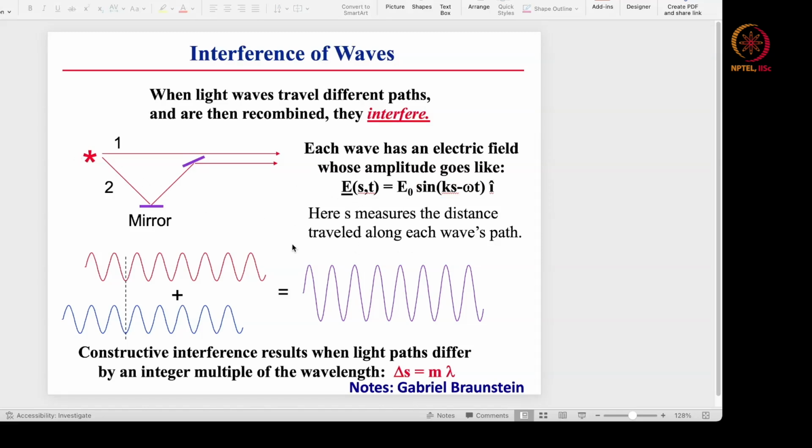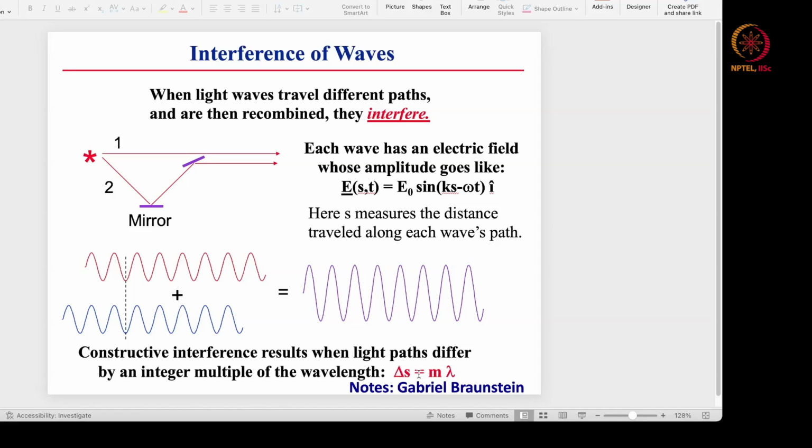When these two waves recombine with each other, if the light paths differ by an integer multiple of the wavelength, that is, this delta S, the additional path that one wave travels more than the other, so that ray number 2 travels a little extra than ray number 1, giving a delta S difference in the light path.